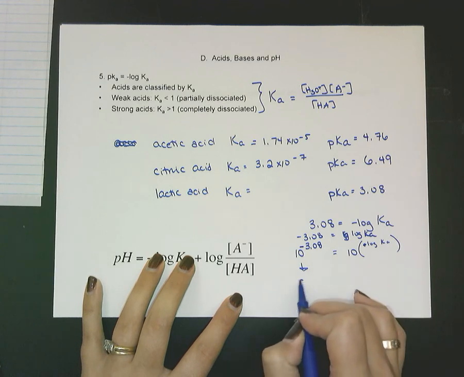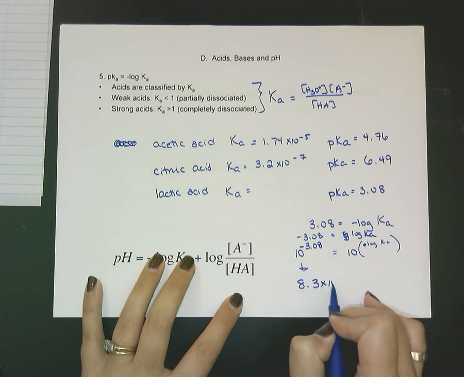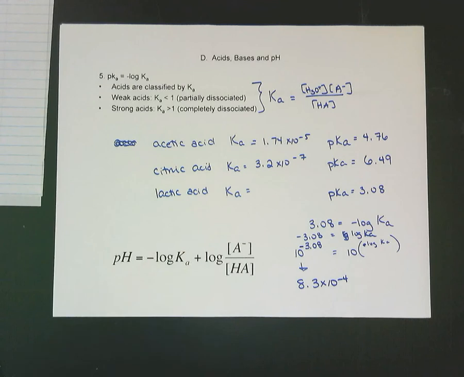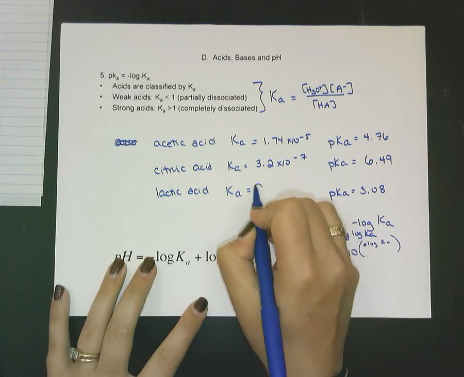And that should give 8.3 times 10 to the negative fourth. Everybody get that answer? Good, good, good. Awesome. Okay. So then I can plug that in there.